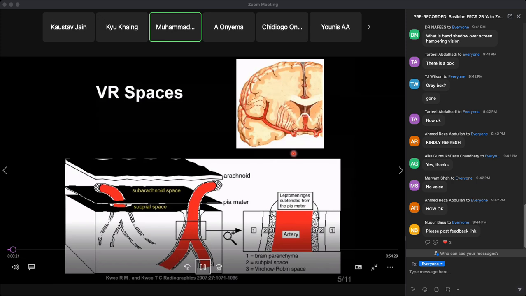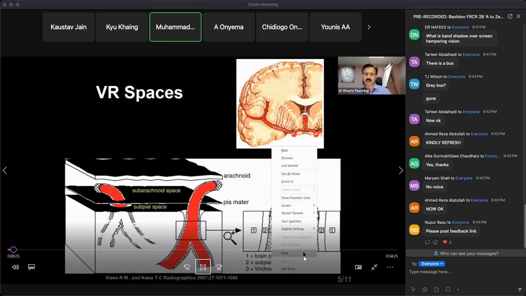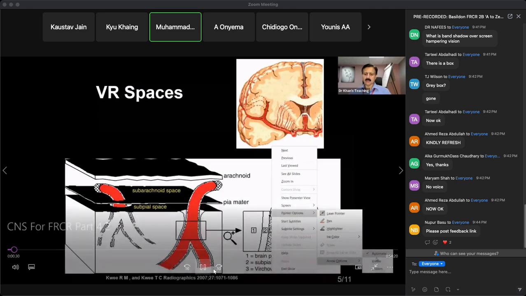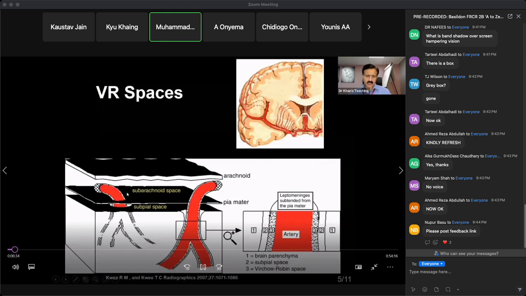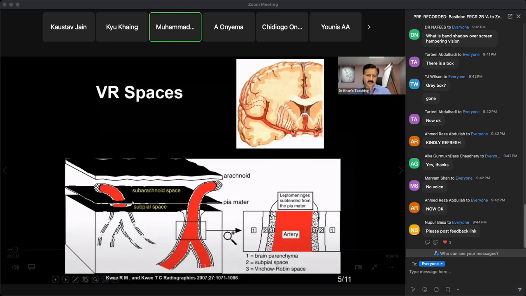Okay. So we were doing some concepts of Virchow-Robin spaces. So the point is that, see here, this is the subarachnoid space. This is the arachnoid, this is the pia. The vessel goes through the CSF, goes into the brain.